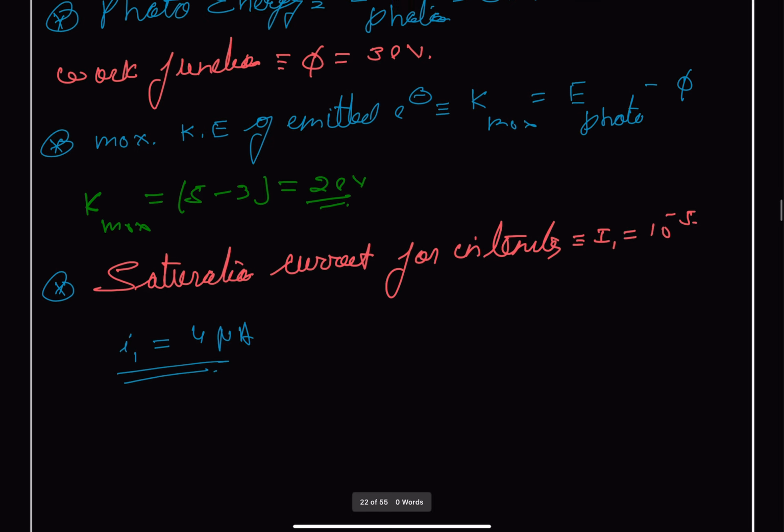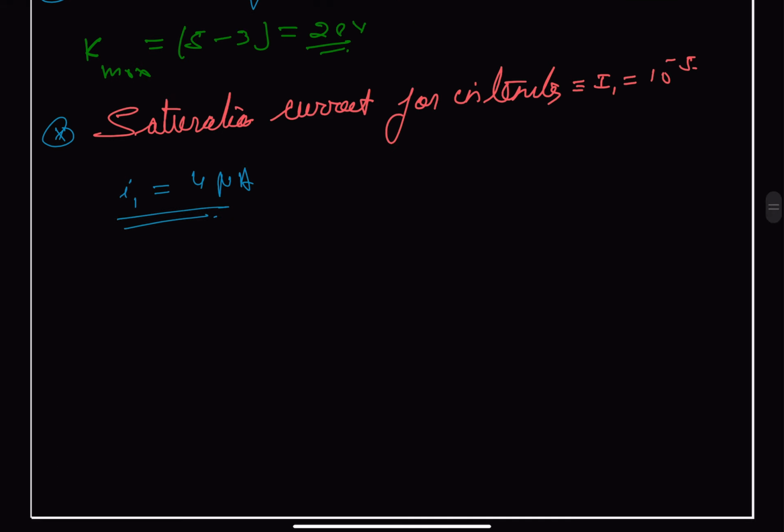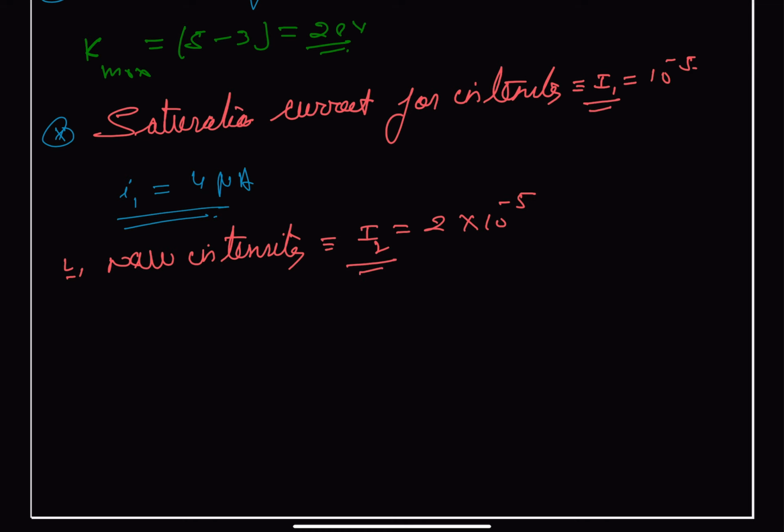The new intensity, let us suppose I2, is given as 2 into 10 to the power minus 5. If you make a comparison between our initial intensity I1 and the new intensity I2, that is almost double.